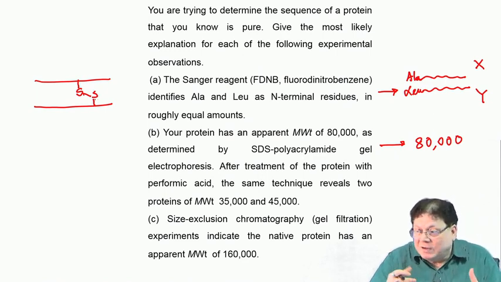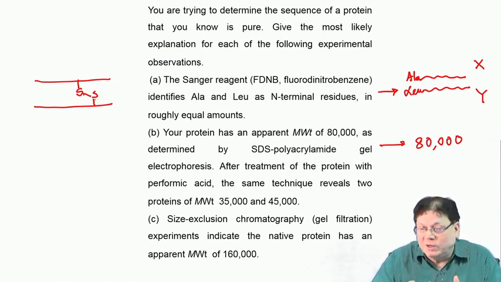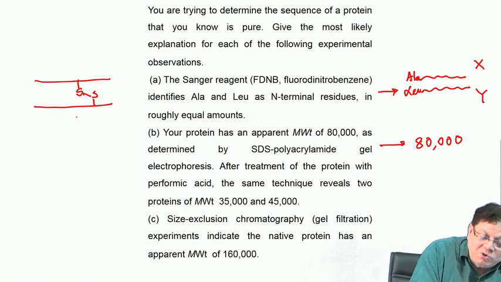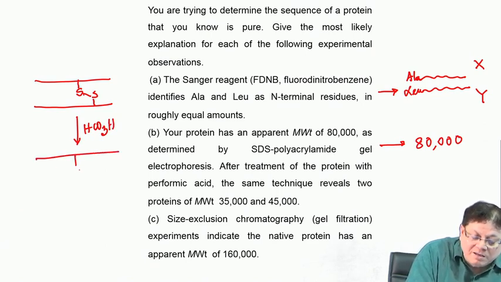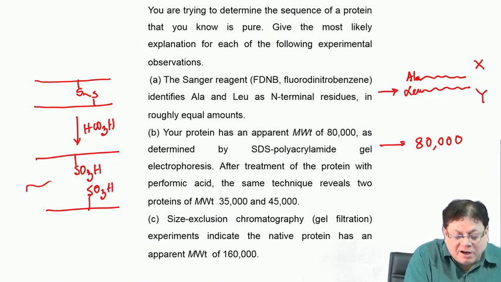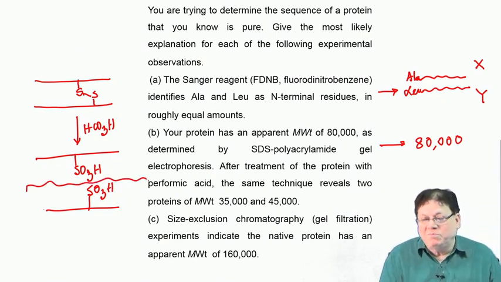That is usually the way of connecting two separate chains together, through disulfide bonds. Now, if you treat this with performic acid, HCO3H, then what happens? This disulfide bond breaks and this becomes a sulfonic acid, and the other chain also becomes a sulfonic acid. That means the chains are now separated, that is the most important thing.